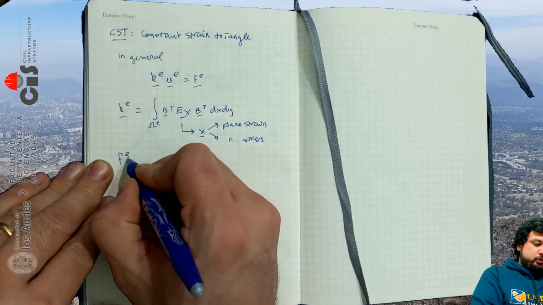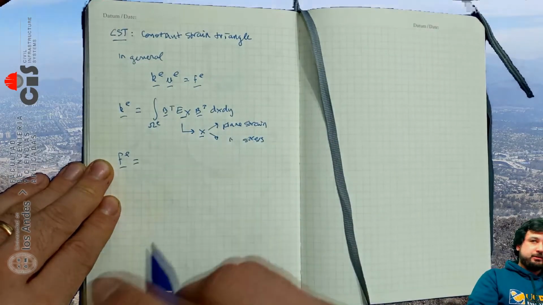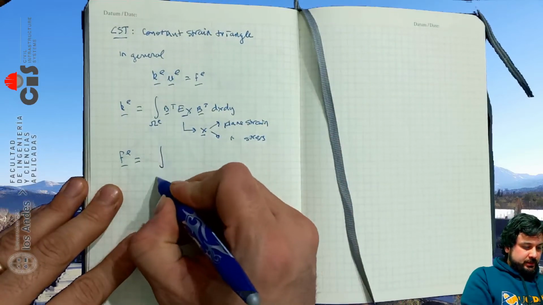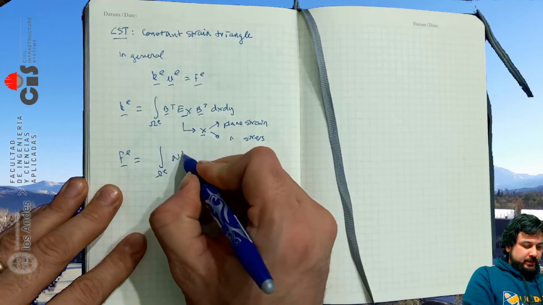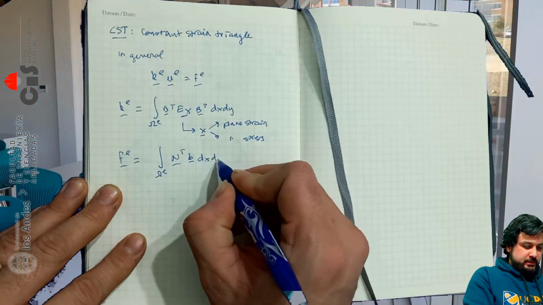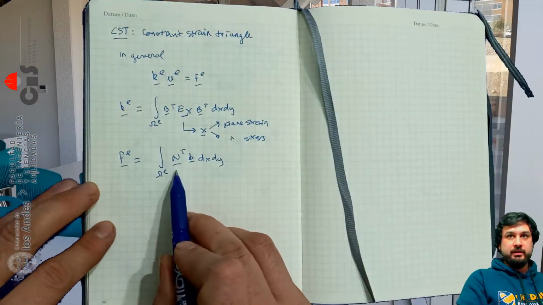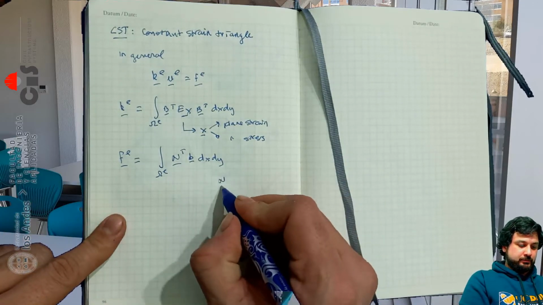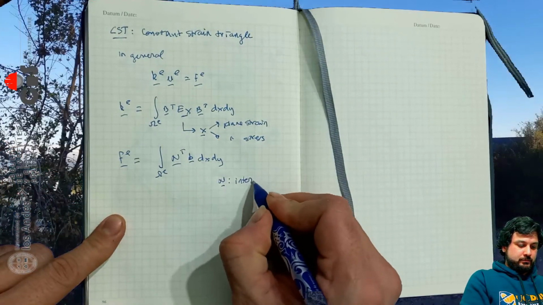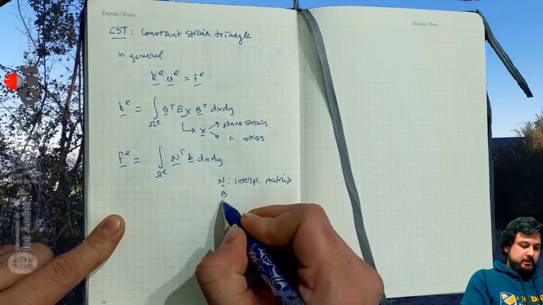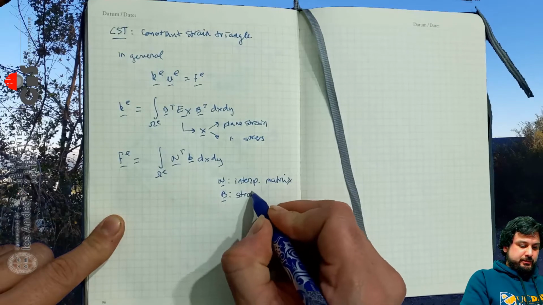And the nodal equivalent forces, the Fe vector, is given by the integral over omega e of N transpose b dx dy. We called N the interpolation matrix, and B was the strain displacement matrix.